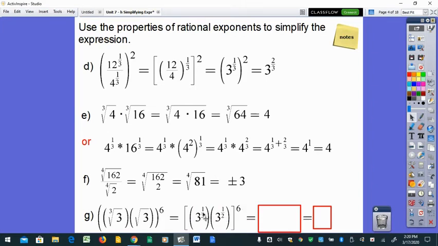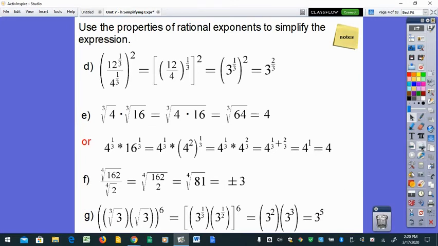I would get 1/3 times 6, which would be a squared exponent, and 1/2 times 6 would give me a cubed. And then 3 squared is 9, 3 cubed is 27. Or if we look here, we've got a common base. Why not just write that as 3 to the 5th? And if we needed to simplify it, we could raise 3 to the 5th power.